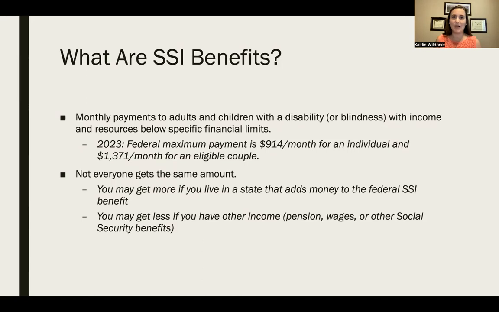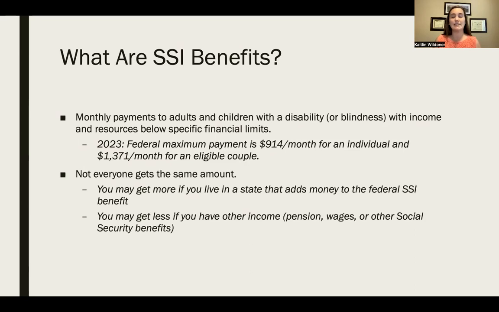Not everyone gets the same amount of SSI benefits. You may get more if you live in a state that supplements and adds money to the federal SSI payment. You may also get less if you have other income coming in, such as pension, wages, or Social Security benefits, such as early retirement or SSDI benefits.